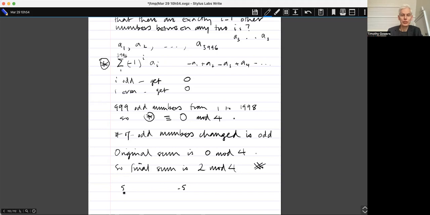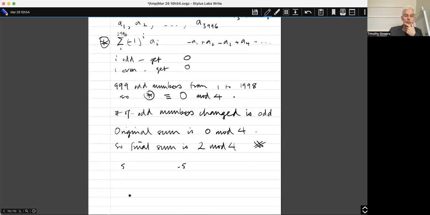But another argument says that every odd number occurs with one plus sign and one minus sign, so the sum of all the numbers is congruent to 0 mod 4.